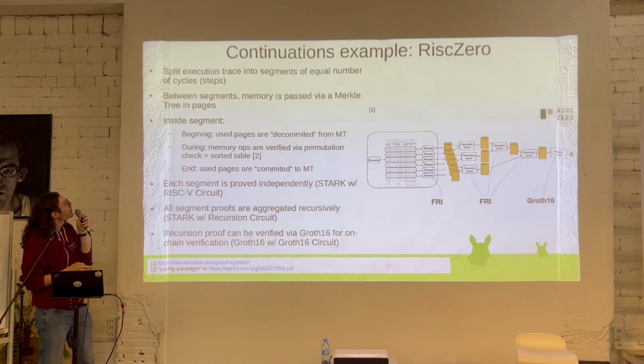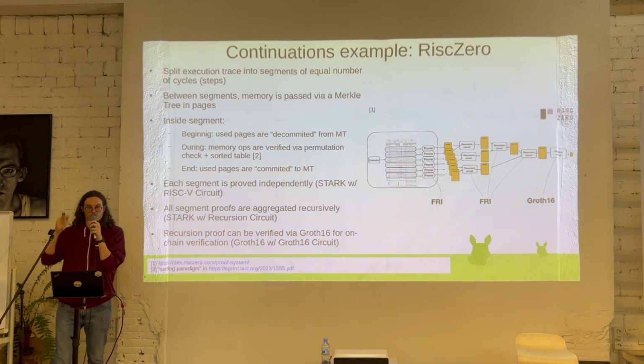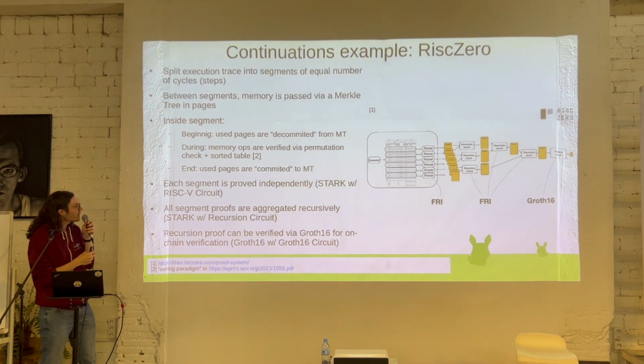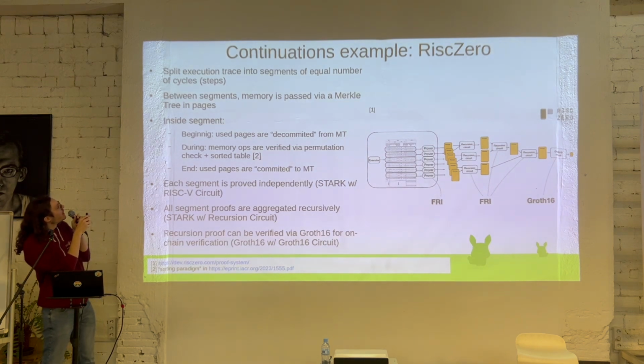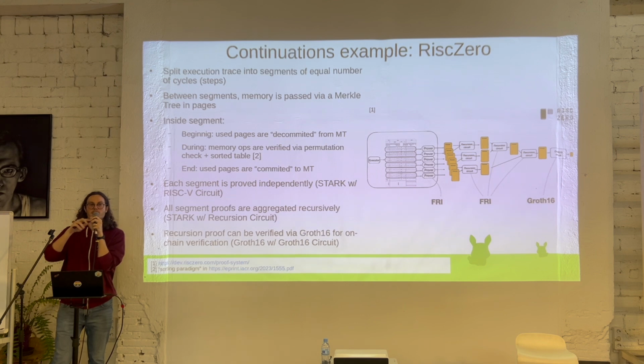Then once we have these segments, we need to find a way to pass the memory state around. In particular, from segment to segment, the memory will be passed via a Merkle tree.